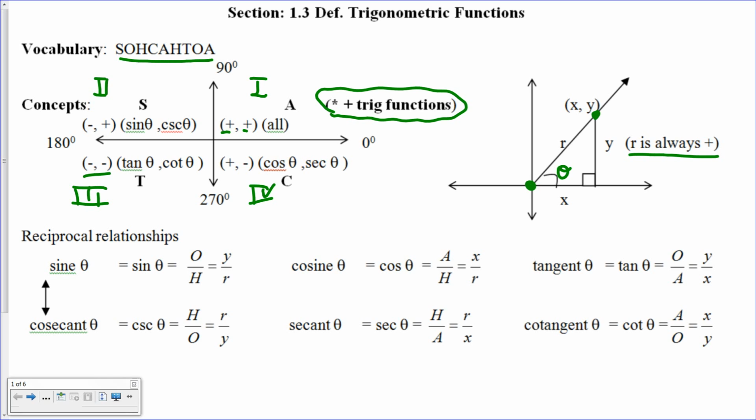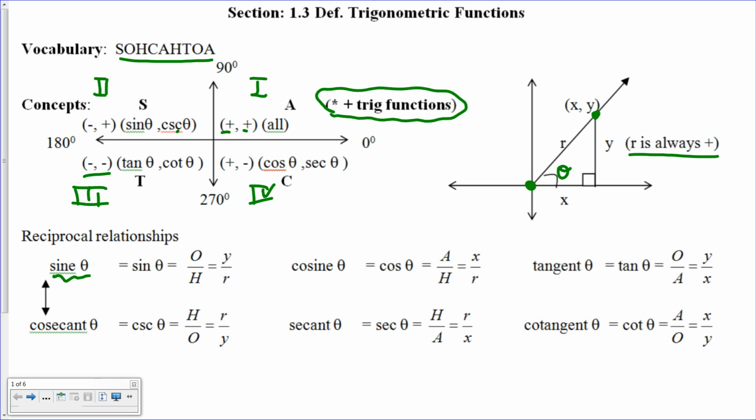Moving ahead, we're going to define all 6 trig functions. So if you're wondering what this cosecant is all about, we're going to talk about that right now. At this point, you know sine, cosine, and tangent, and the SOHCAHTOA that follows from it. Notice that you have the sine of an angle. I'm not saying sine times an angle, I'm saying the sine of an angle.